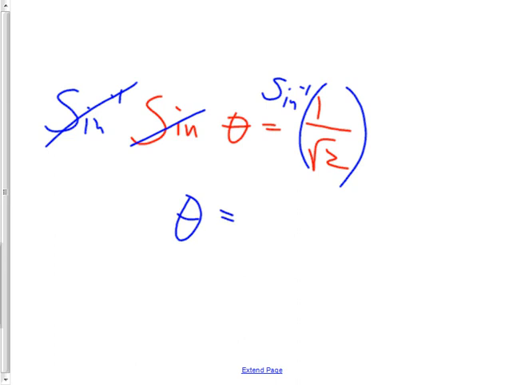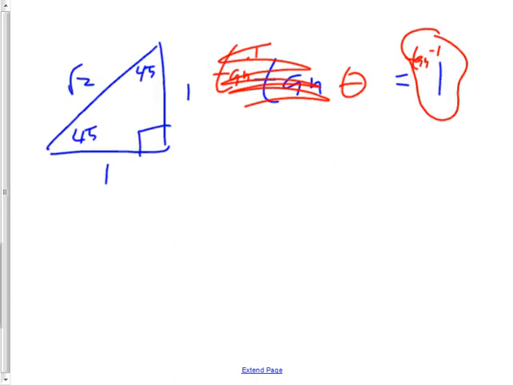Theta is inverse sine of 1 over square root of 2. What was it? 45. All right. And why? Because if you look at this picture, if sine, opposite over hypotenuse, was 1 over square root of 2, it must have been in a 45, 45, 90.